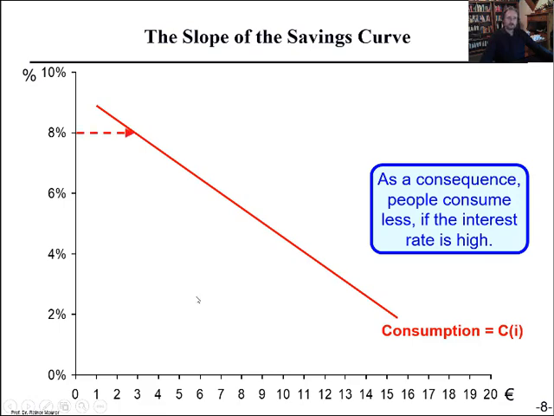This means if the interest rate is high, for example 8%, then consumption is relatively low. If the interest rate falls to a level of, let's say, 4%, then consumption grows to a level of about 11 euro.